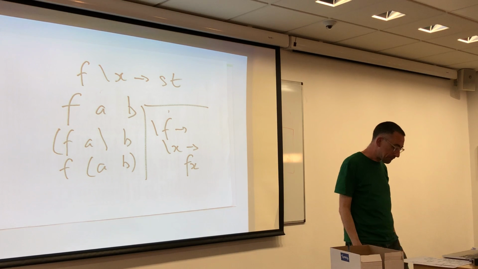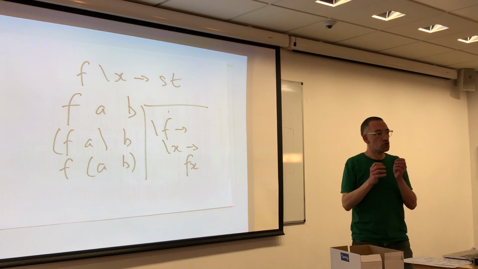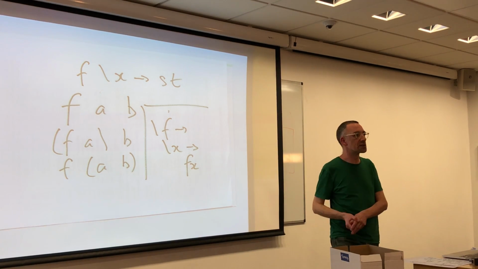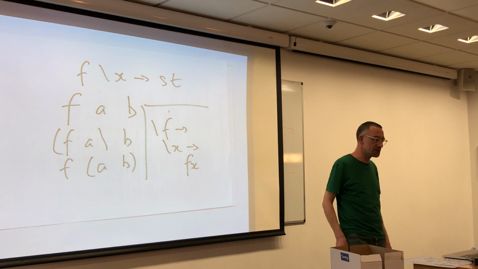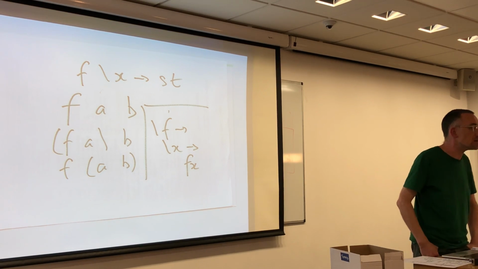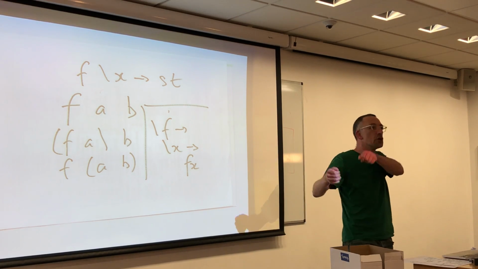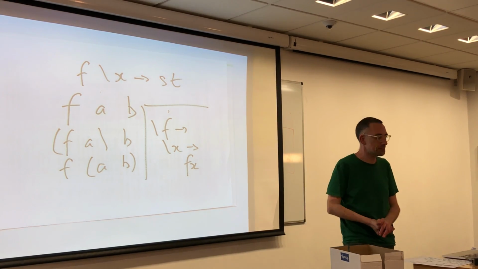So the grammars don't work on raw characters. They work on chunks of characters called tokens, or lexical tokens. So there's a process that happens before the grammar kicks in to take your input and chop it up into tokens.